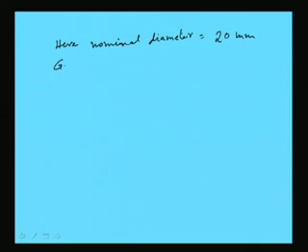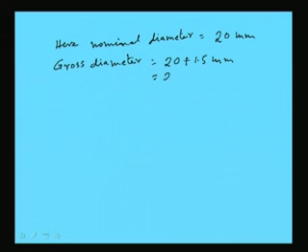So, we can find out gross diameter as per the Codal provision, that will become 20 plus 1.5, which is 21.5 mm. Remember, if the diameter of the rivet is 25 mm or more, then this will become 25 plus 2 mm.